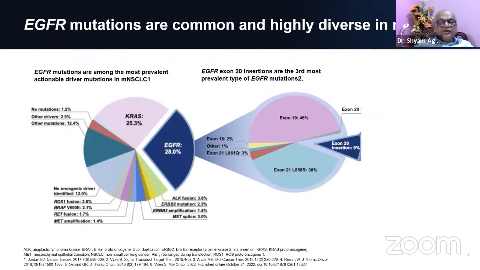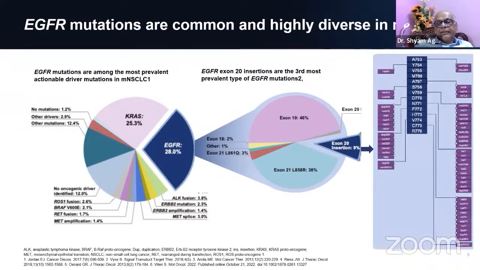And there are other uncommon mutations in exon 18 and exon 21, which are less than 6-7%. So our focus is on exon 20 insertion mutations, which are seen in 9% of 28%. We'll come to the figures. Next slide. These are certain insertion points, which I'll show you in the next slide.